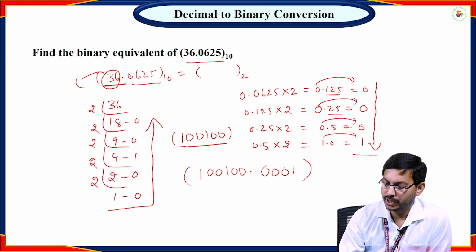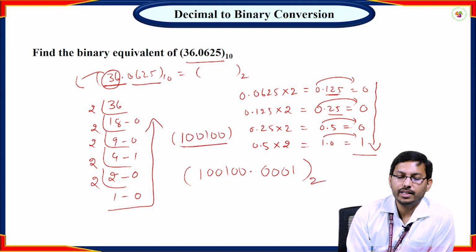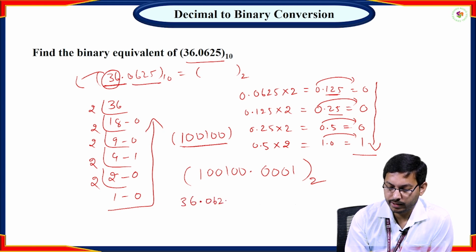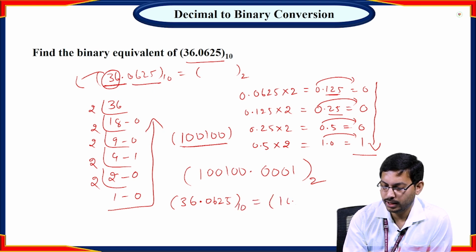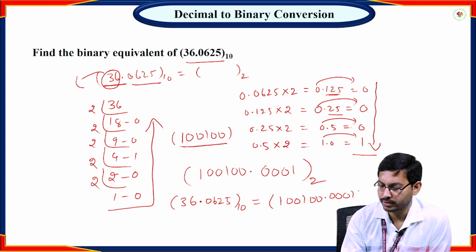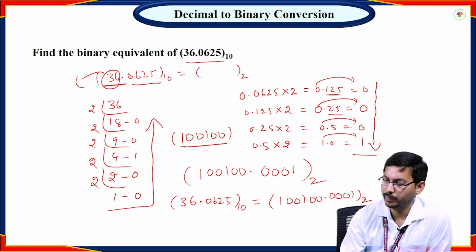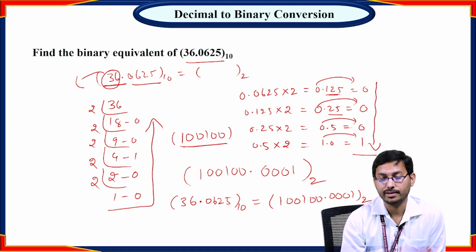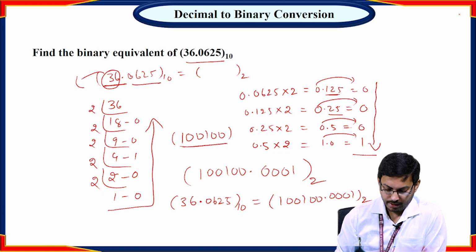So this is nothing but the conversion of the decimal value 36.0625 to the binary number system. Finally you can write it as 36.0625 in base 10 is equivalent to 100100.0001. You can represent it with base 2, because for the binary number system we use base 2.